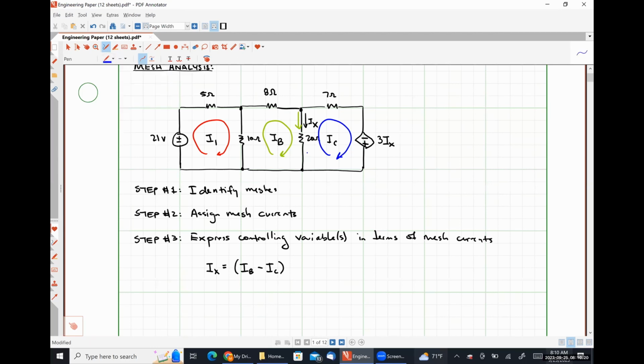Whereas when IC goes around its clockwise path, it's flowing in the opposite direction of the current IX. So it's whatever mesh current is in the same direction minus whatever mesh current is in the opposite direction. We have not assumed a polarity for any terminals as of yet. We will do that momentarily when we start writing our Kirchhoff's voltage law equations, which will be our next step.